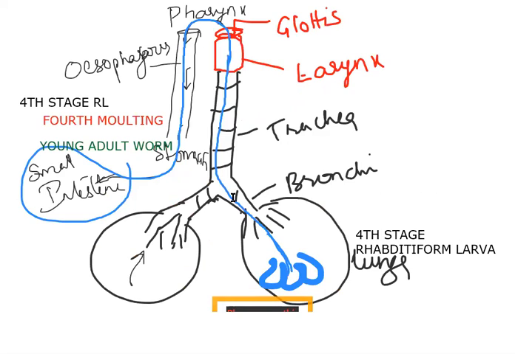From there, bronchi to the trachea to the larynx, the glottis, pharynx, then esophagus, then stomach, and finally it reaches the small intestine, where it undergoes the fourth molting to become a young one, which attains sexual maturity within 8 to 10 weeks as an adult Ascaris. So this is the story of Ascaris lumbricoides.